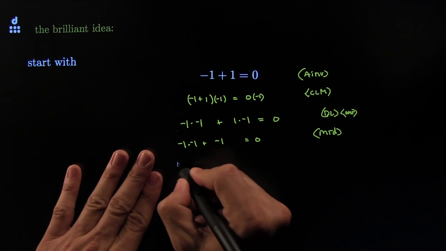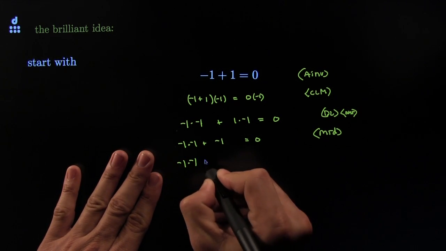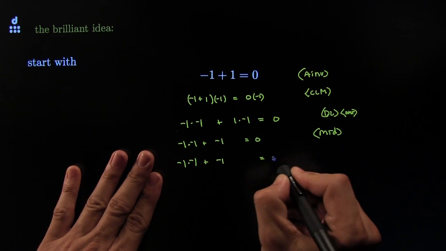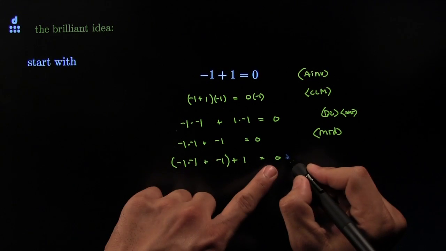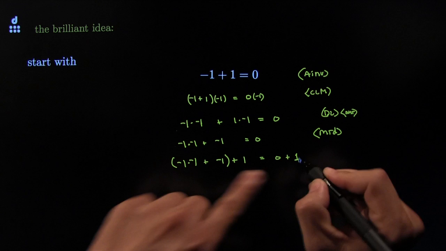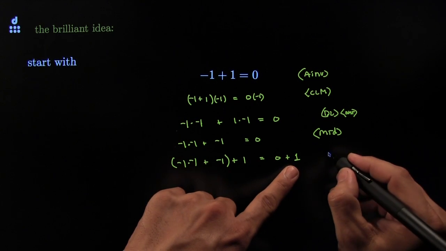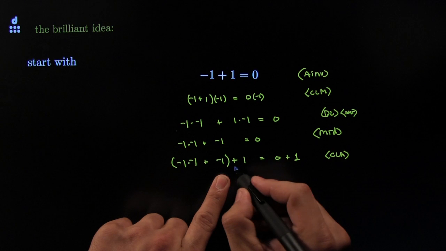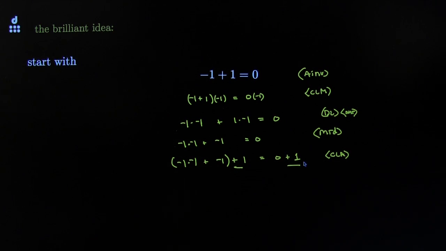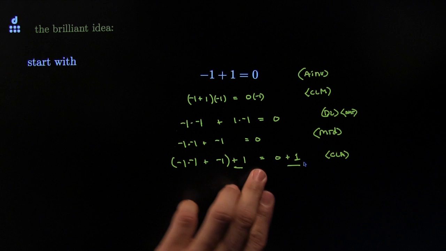So I'll say something like this: -1 times -1 plus -1 is equal to 0. I'll go to the left side and I'll add a 1 killer. I'll go to the right side and I'll add a 1 killer. I can do that by Cancellation Law of Addition, which says I can add anything to both sides, which I did. Whew, it's awesome, huh?